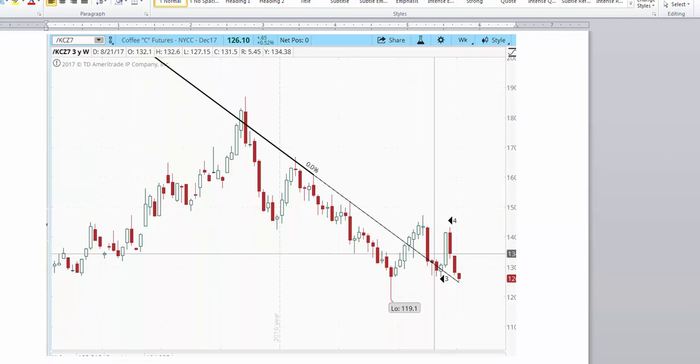Coffee, coffee, coffee. I showed you the reversal pattern on the daily chart just now. Here's the weekly chart, which shows you which lines I'm using. I'm using a reverse 2P line for my weekly charts.